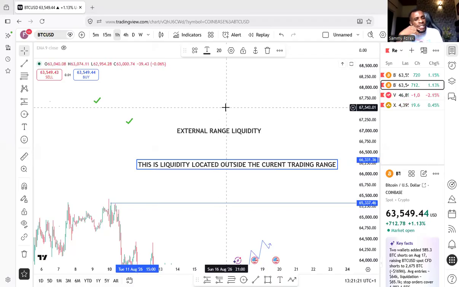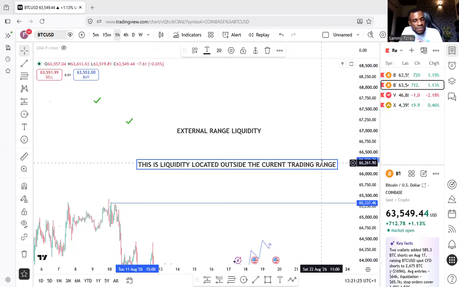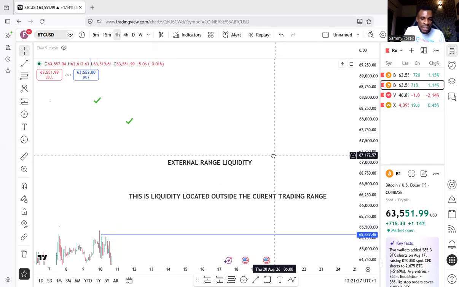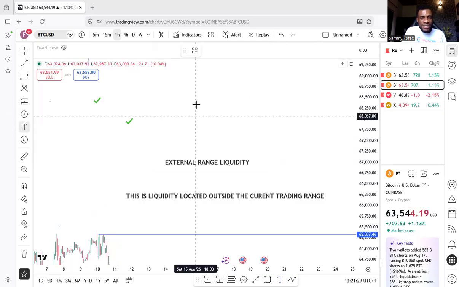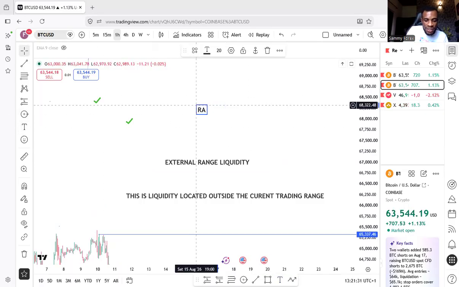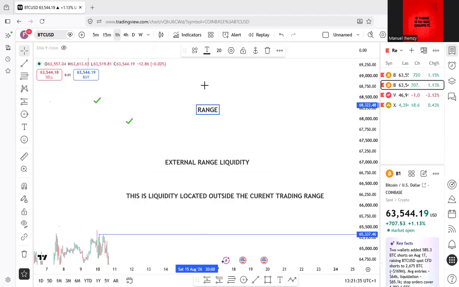Because I say this is liquidity located outside the current trading range. What is a range for the market? Just a point where the market is biased, not passing each other, like consolidating.